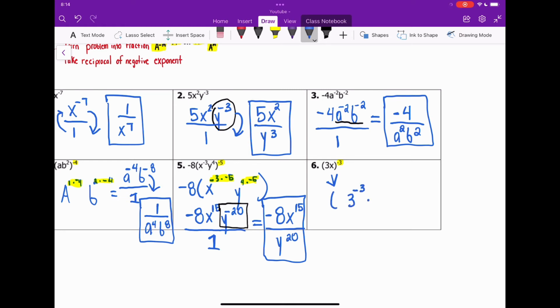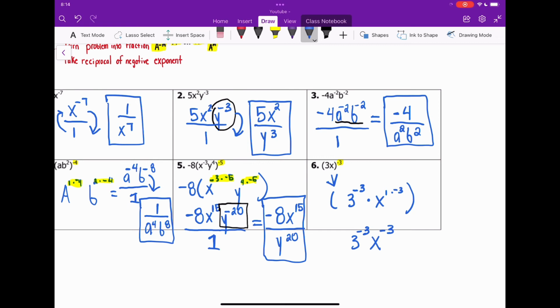And just remember, when a variable does not have an exponent, we should assume that it has a power of 1. So once we multiply 1 times -3, this is how we get 3 to the -3rd power x to the -3.